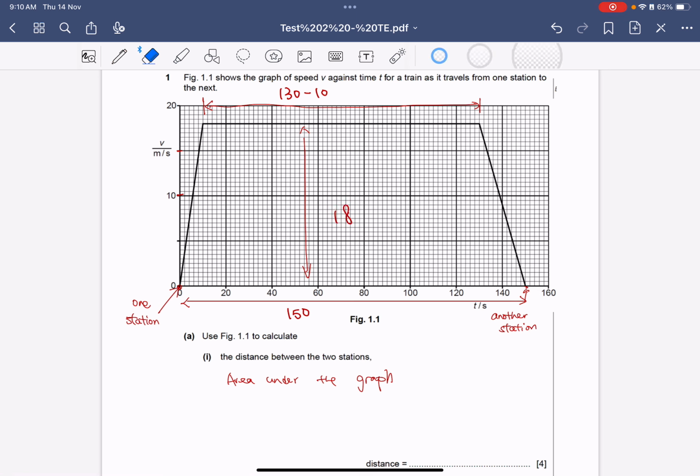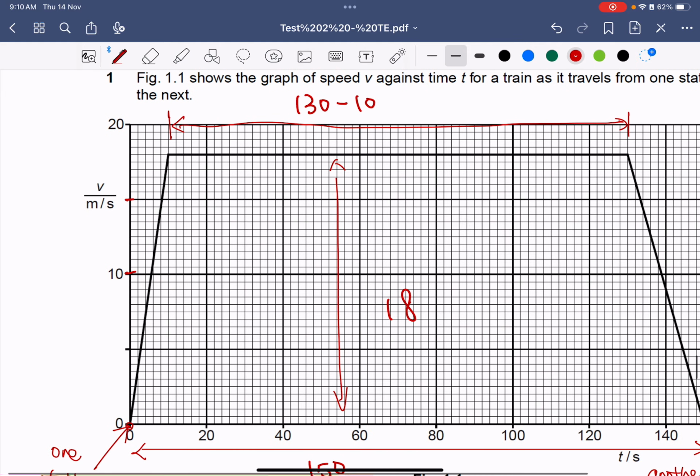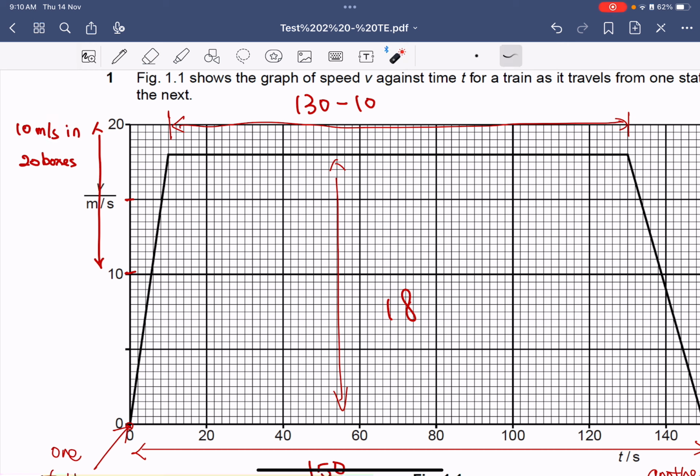Because you can count. There are 20 boxes for 10 meter per second. This is 10 meter per second because it's 10 here and 20 here. So the range here is 10 meter per second and there are 20 boxes.